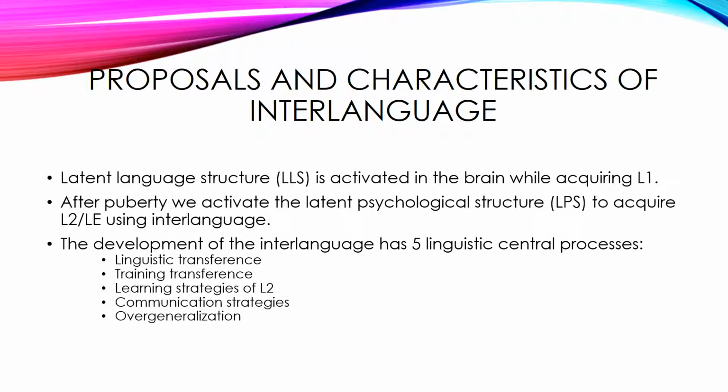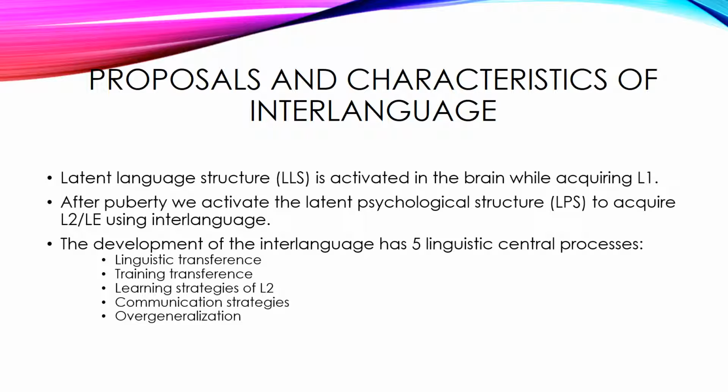The development of the interlanguage has 5 central linguistic processes. The first one is linguistic transference, when we use the rules of a language different from the L2, usually the rules of our L1. Training transference, when the interlanguage is the result of the use of didactic procedures in L2 teaching.